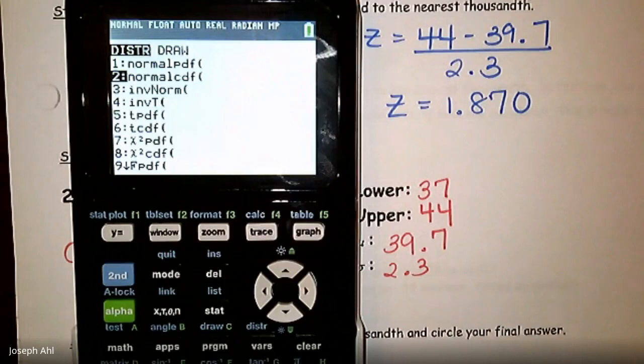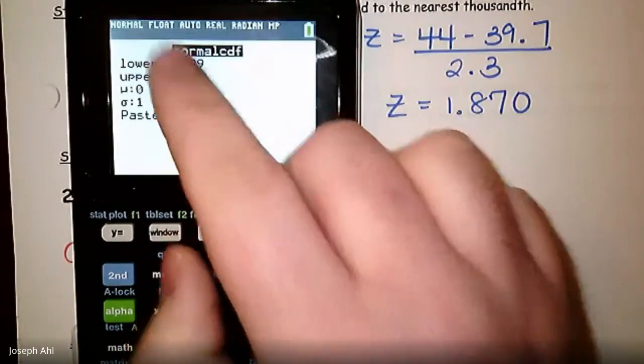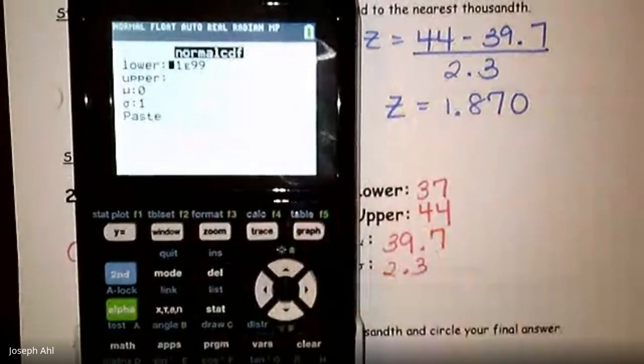So we're trying to accumulate all the areas from my lower bound to my upper bound underneath this function, the normal curve. Go ahead and hit enter, and it's going to prompt you if you have an updated operating system. If you don't have an updated operating system, you're going to put commas in between the values that you type in. We know the lower bound is 37.